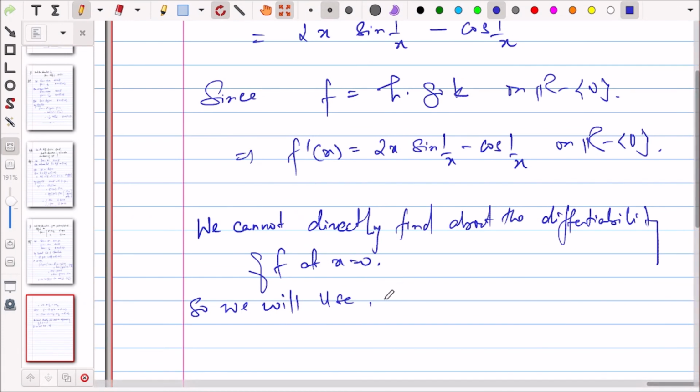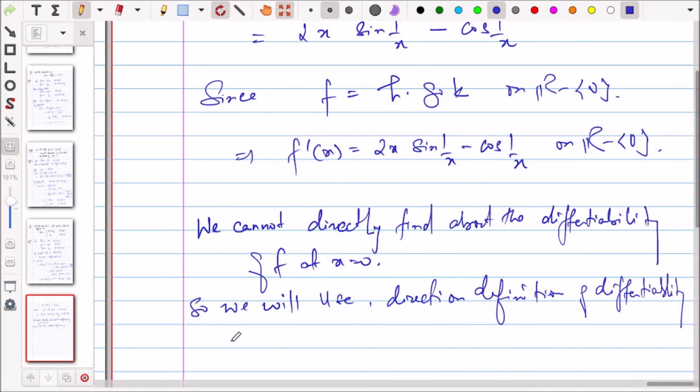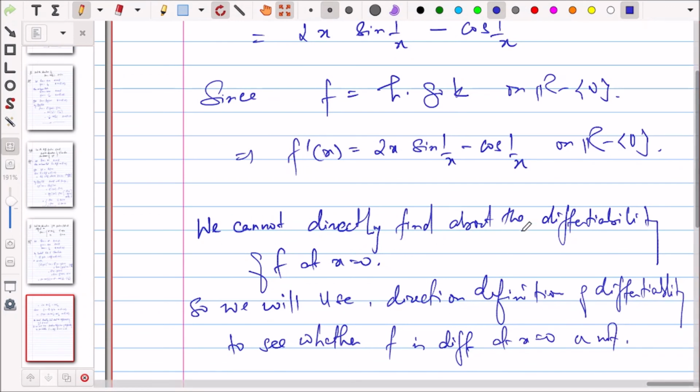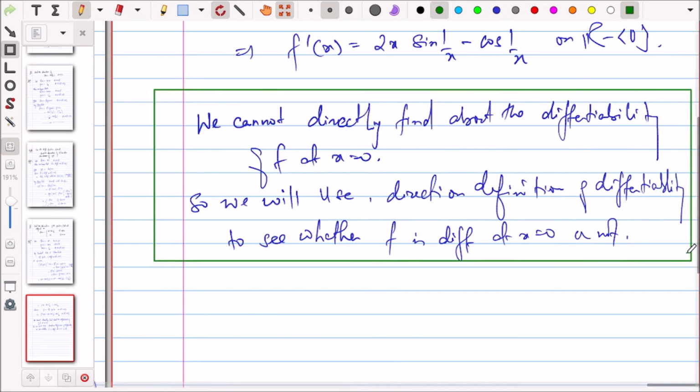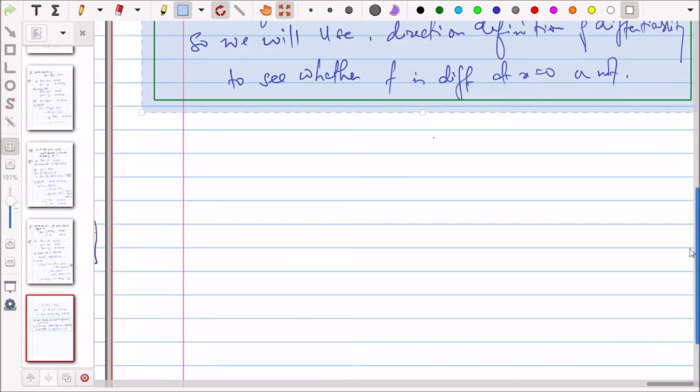We will use the direct definition of differentiability to see whether f is differentiable at x equal to 0 or not, okay. Although you don't need to write this in the exam, this is for your understanding. Is it fine? Simply you can start with the x equal to 0 case. Is it fine?